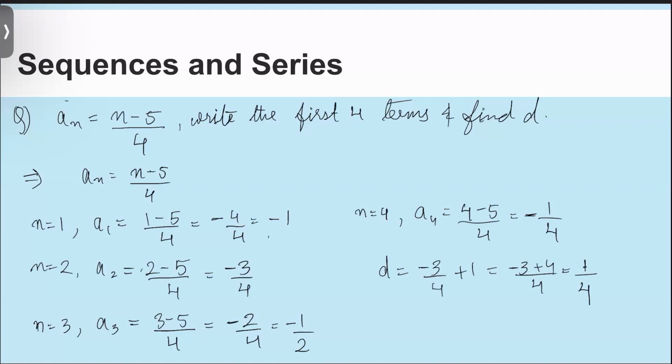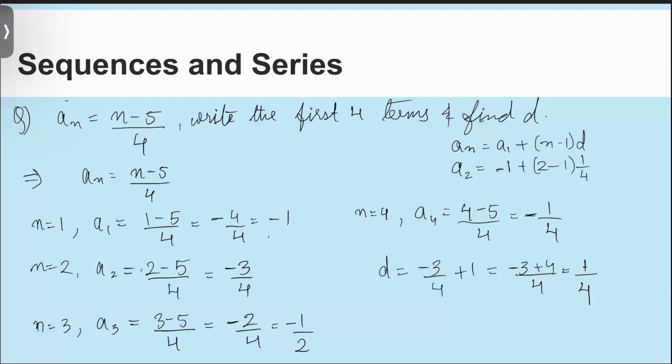Now just to cross-check, suppose you find a_n as a1 plus (n minus 1)d. Your a1 that we found is minus 1, plus, suppose we are trying to find the second term, so n is 2 minus 1, and d we found was 1 upon 4.